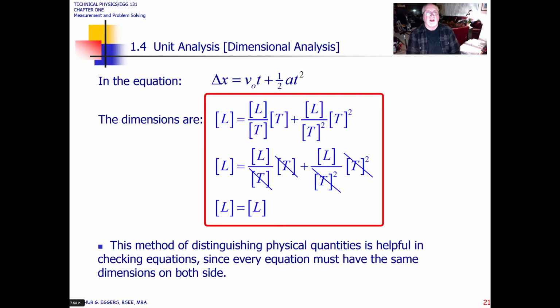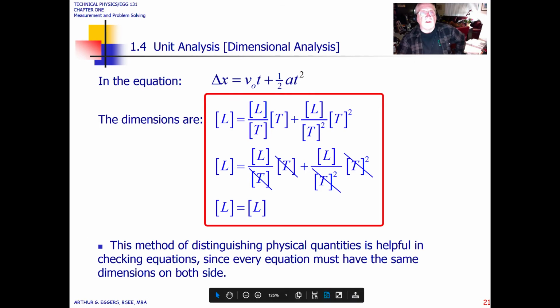So in checking this out, what we want to make sure is, does the right side equate to the left side or vice versa? So in this case, we want to know, does the length L equate to all of those L's and T's squared on the right side of the expression? So as we start going through this, we can start canceling out values.